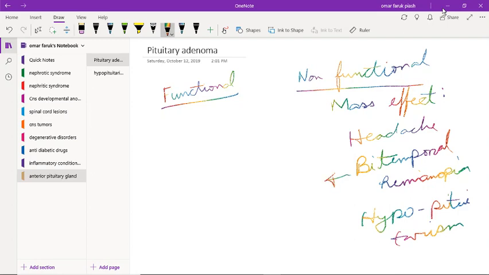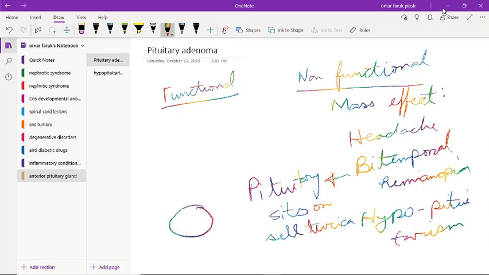Because the pituitary gland sits on the sella turcica, and near the sella turcica there is the optic chiasm. If there is a mass and it involves the optic chiasm, it causes bitemporal hemianopia or tunnel-like vision.